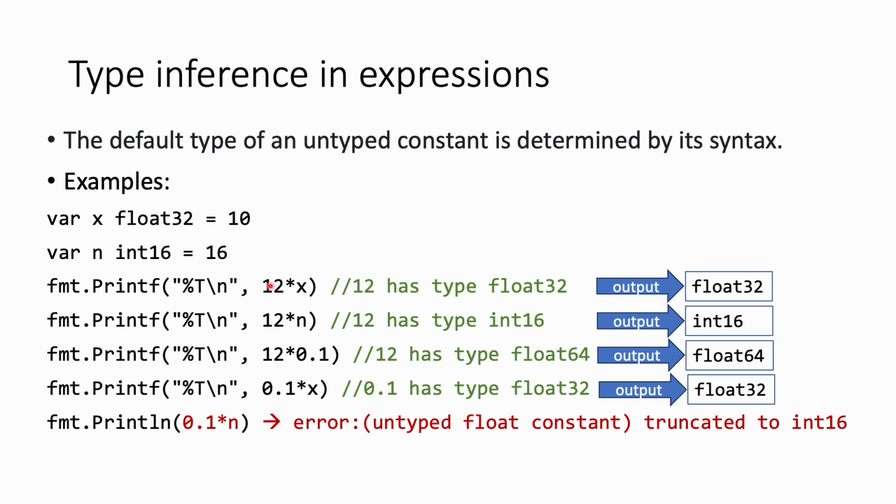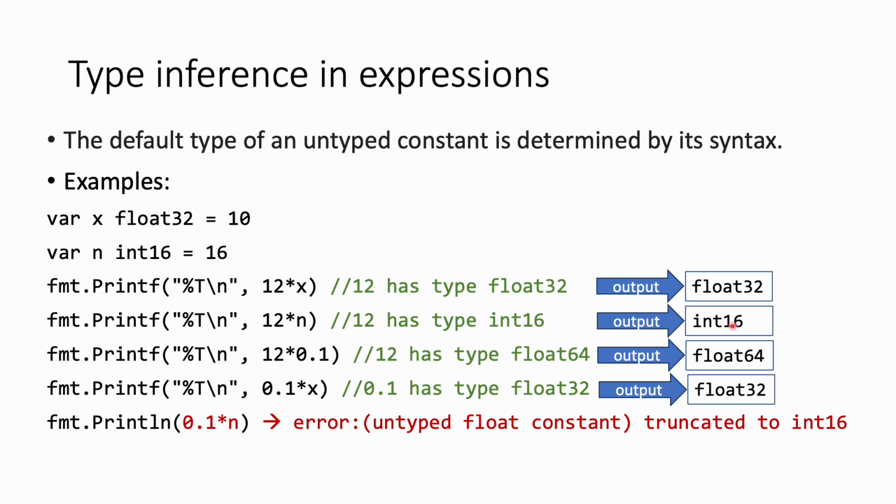So as a result, the type of the operation 12 multiplying x is float32. But in the multiplication between 12 and variable n, which has a type int16, the constant 12 has type int16. Okay? So how do we know that?